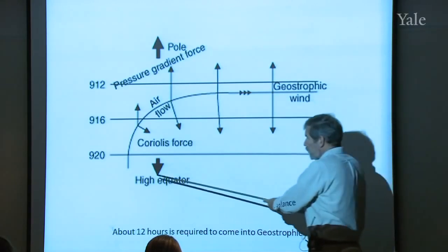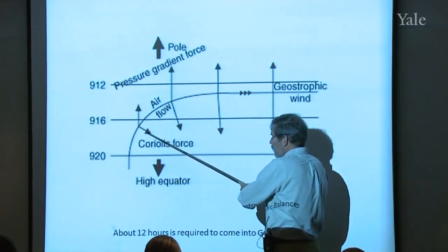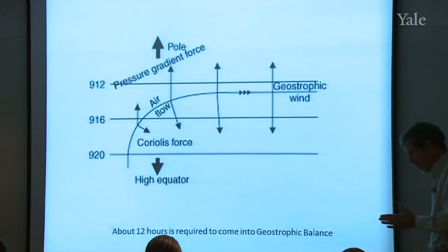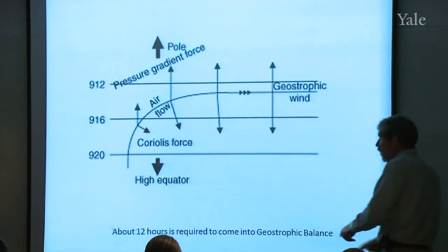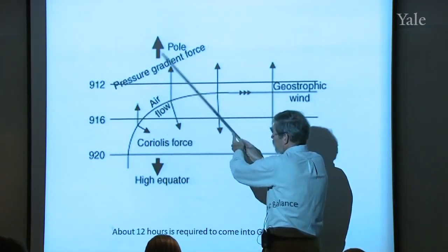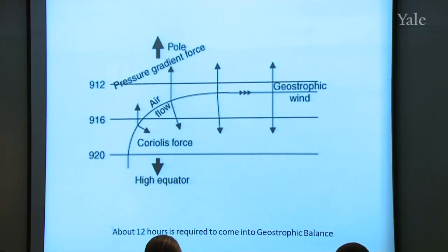So after some time, it may have moved to here and will have developed a little bit of Coriolis force, and it'll start to turn. Coriolis force is a deflecting force. Throughout all this time, however, because I've drawn these isobars equally spaced, the pressure gradient force on that parcel will remain the same.